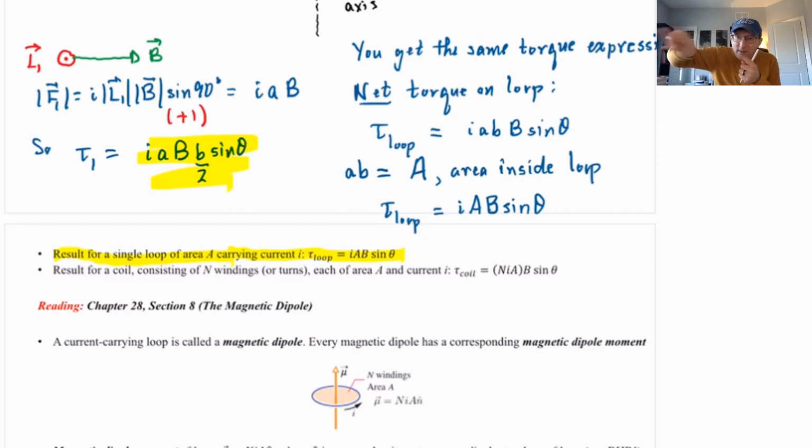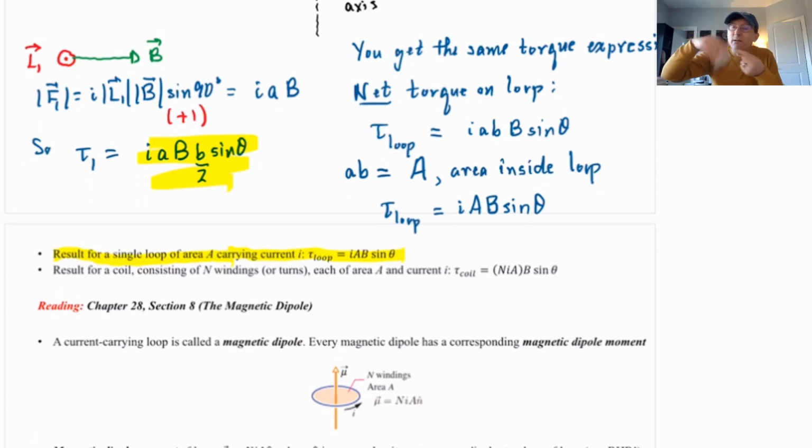For every time you wrap the wire around, and every wrapping, called a winding, or it's also called a turn, every time the wire goes around the frame of this loop once, you get an extra winding or turn, you get this expression for the torque, I, A, B sine theta, for every time the wire goes around, if you wrap the wire around multiple times. And if you get a multiplicative effect, you can get a bigger torque on the thing.